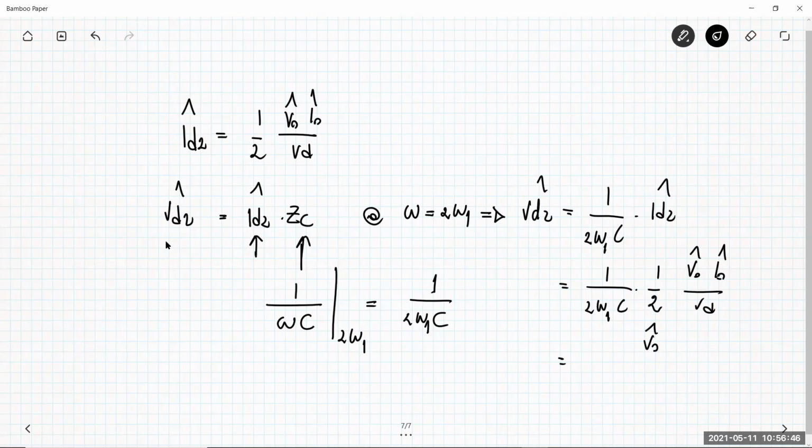So it is V naught peak I naught peak divided by 4 VD omega 1 C.